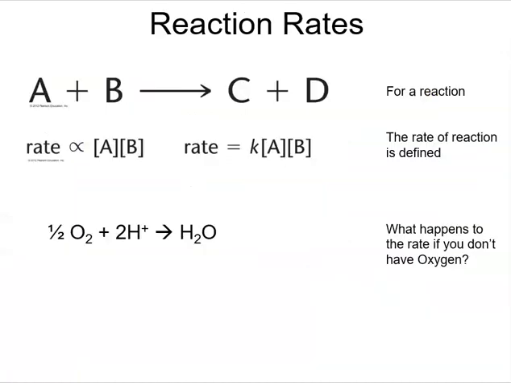We've already discussed reaction rates, but I'm going to quickly go over this again just as a review. For a generic reaction, A plus B turns into C plus D. The rate of the reaction is related to the concentrations of the reactants. So A times B, and this would be a second order reaction, right? We're assuming that both of those things play a role in the speed. So that's generally the case in biochemistry.